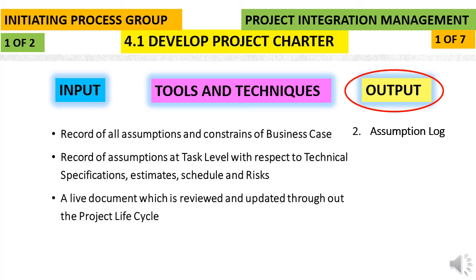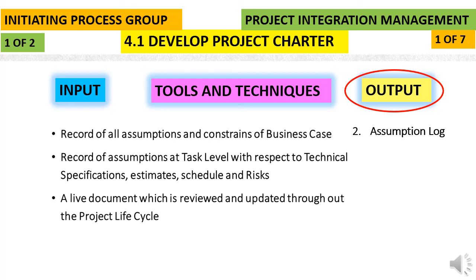So this assumptions log is basically the list of assumptions and constraints which are identified in the business case before the project is initiated, and which go into the project charter. Apart from that, operational and task assumptions are also generated throughout the project. For example, some of the technical specifications we may not be clear about, but we go with some assumptions or estimates.